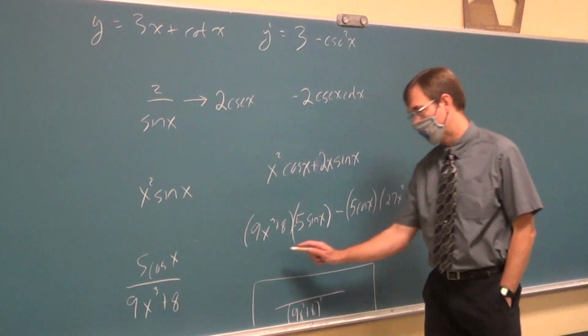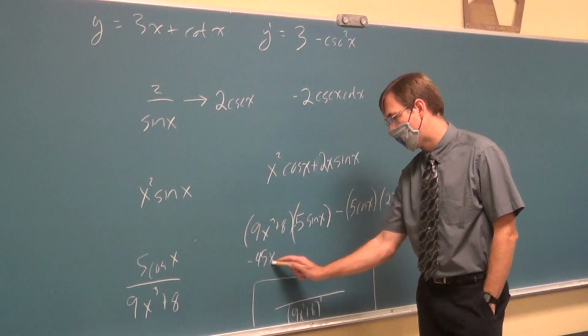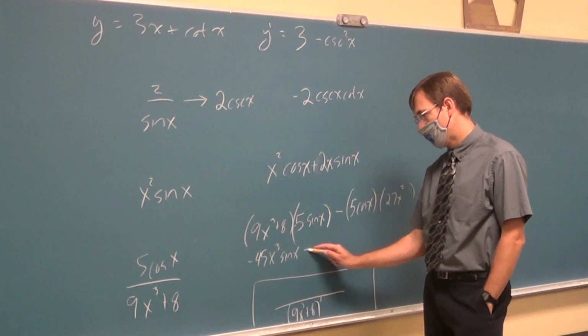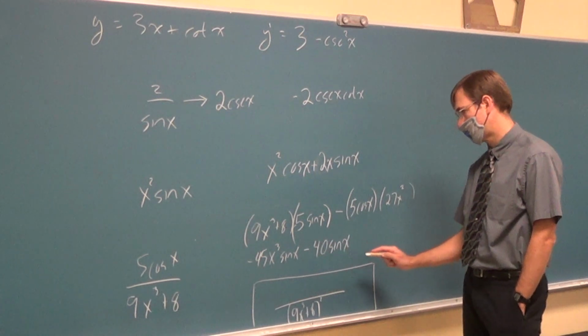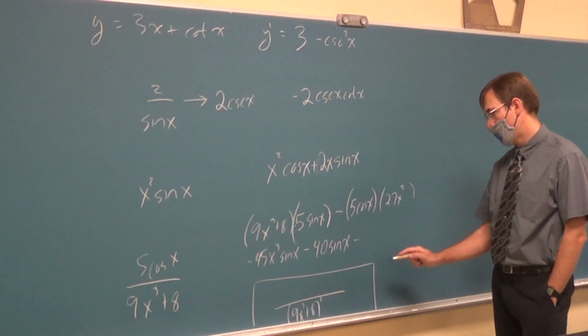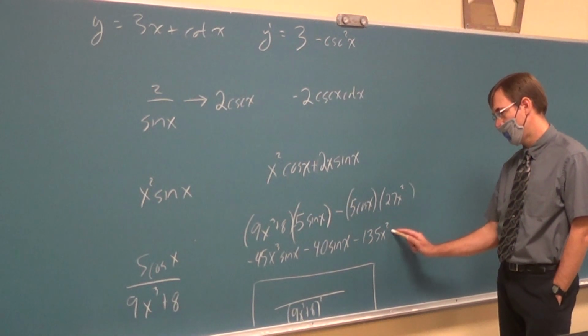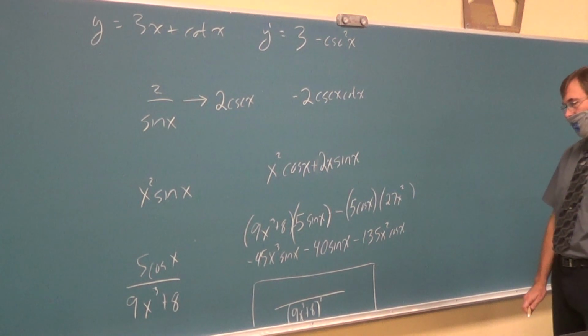So G already said distribute, so -45 x cubed sine x minus a 40 sine x minus a 135 x squared cosine x. And then the question is, are any of those like terms?